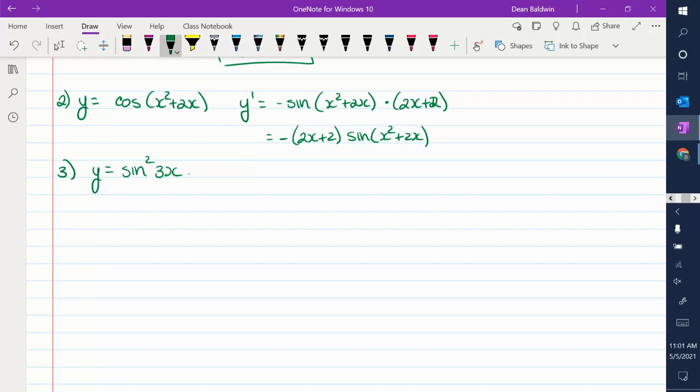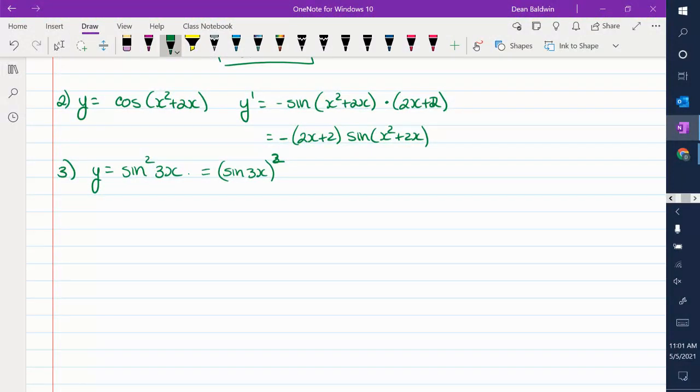There's 3 of them. Because if you think of it, this is actually this, sine x squared meaning sine x times sine x. So now you can see 3 functions. You can see the squared, you can see the sine, and you can see the 3x. It's called a nested trig function, if you want.